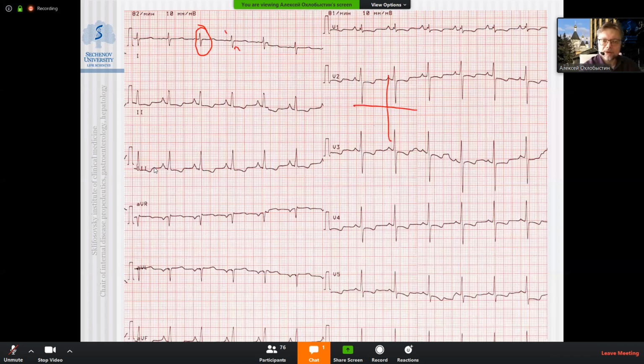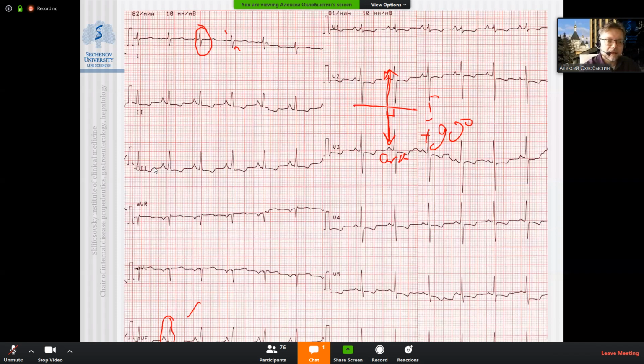It should either go down to the positive part of AVF, or go in opposite to the negative part of AVF. It's either plus or minus 90 degrees. So we need to pay attention to AVF, and what you have is a tall positive deflection. And therefore, my conclusion is plus 90 degrees. It's going towards positive electrode of AVF.